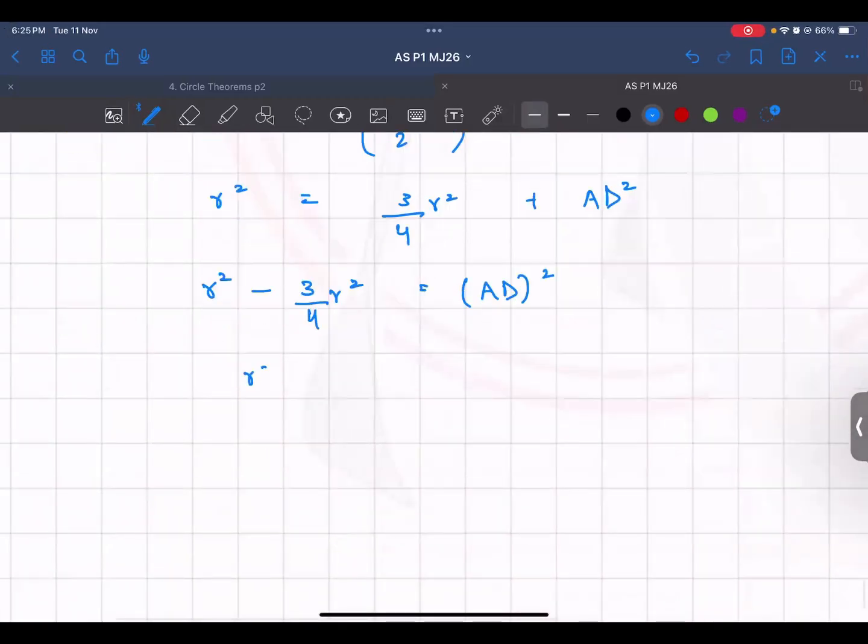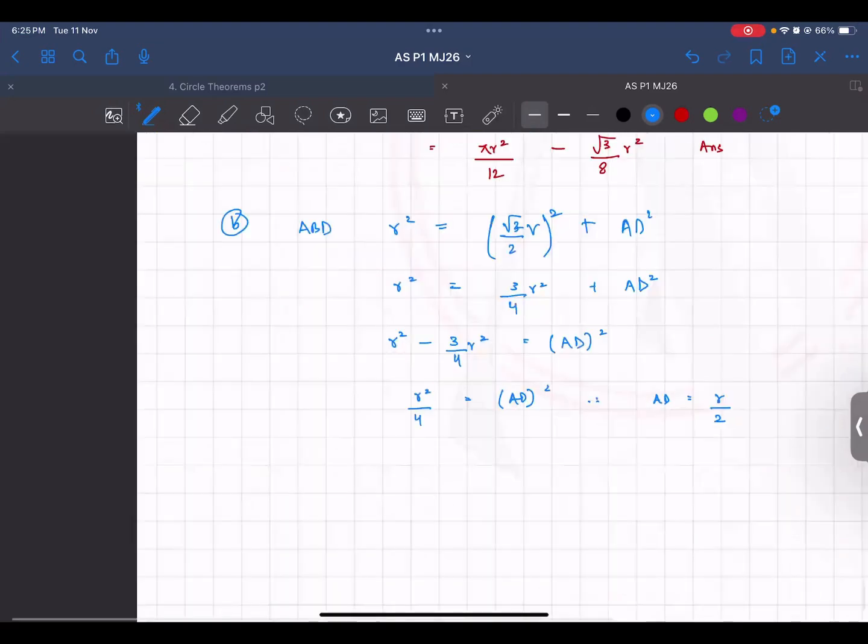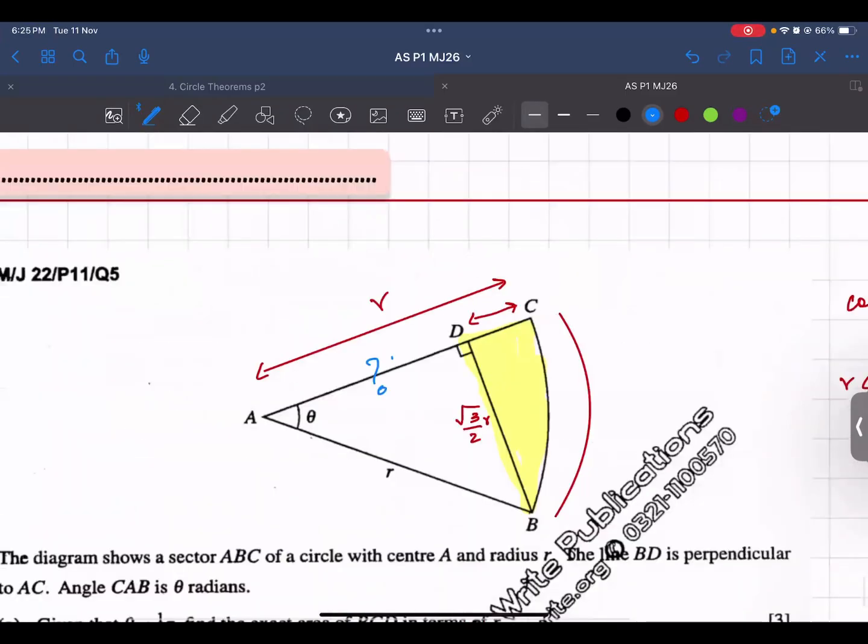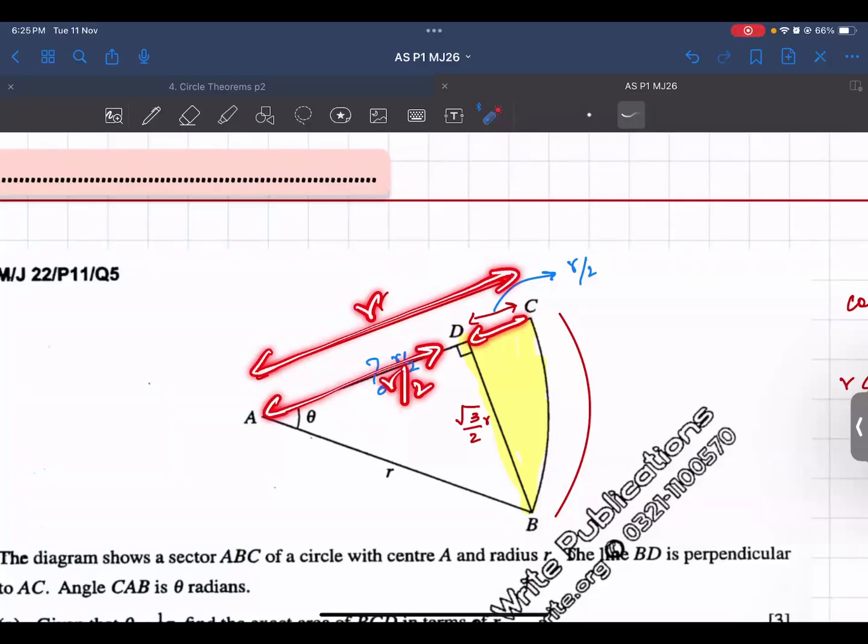This becomes R square upon 4, and therefore AD would become R upon 2. So definitely CD would also be R upon 2, because the total is R.